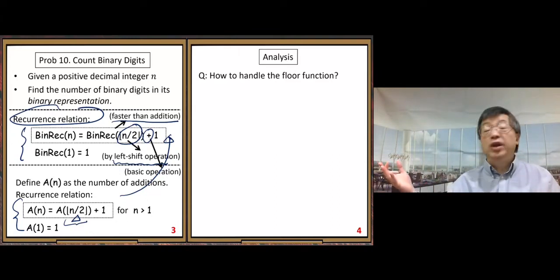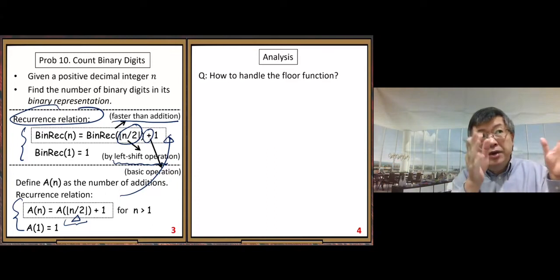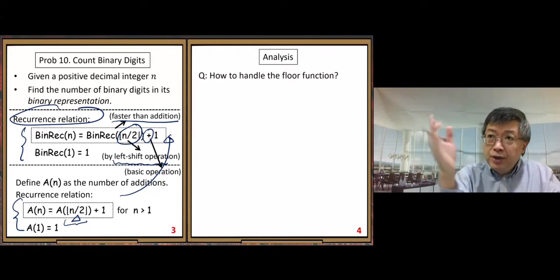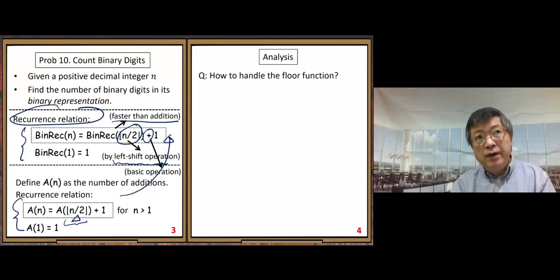But we don't know. That uncertainty makes our manipulation a little harder, right?